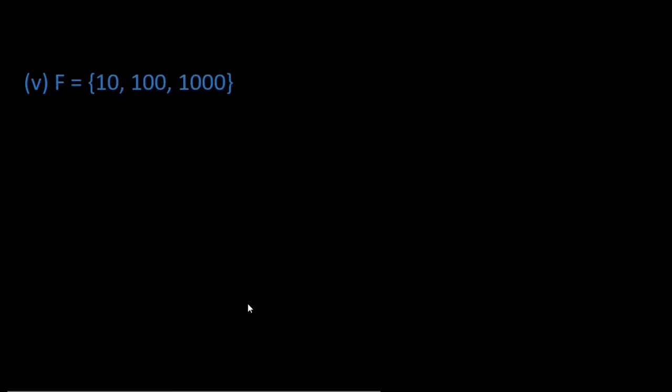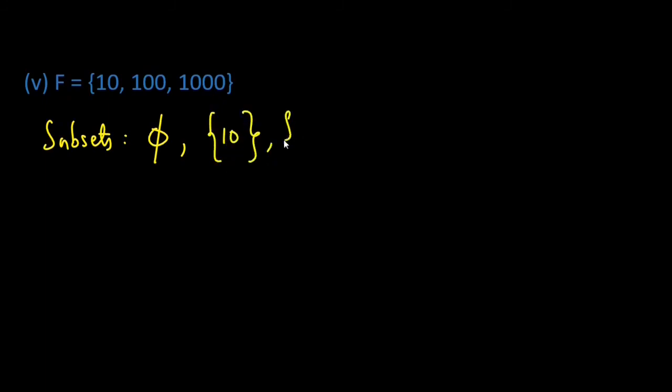The fifth one, F is equal to {10, 100, 1000}. Subsets are first one the empty set, then take only one element: 10, then 100, then 1000.